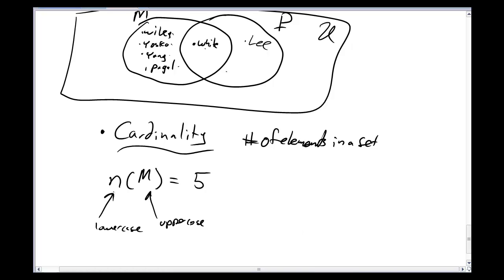So this lowercase n here means I'm going to count the number of things in set M, but if I was talking about a capital N, in math, the letter capital N means the numbers 1, 2, 3, 4, 5, 6, 7, and so on.